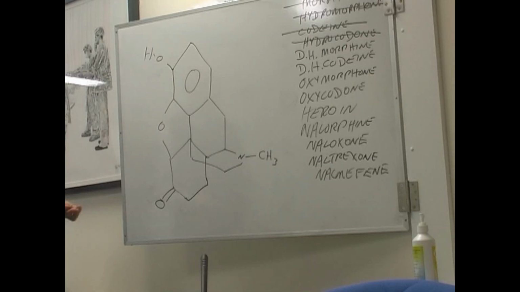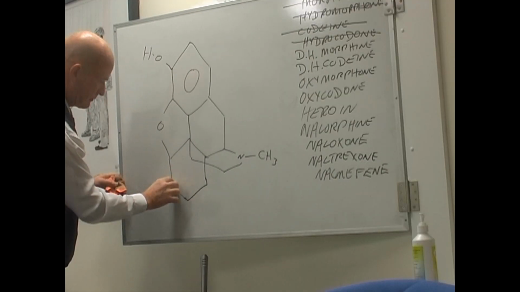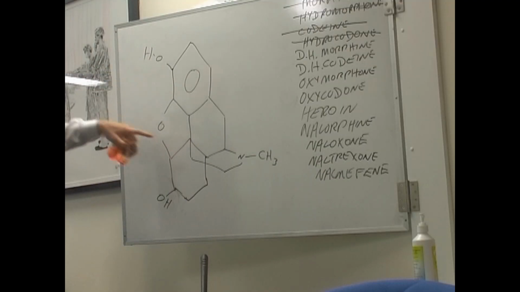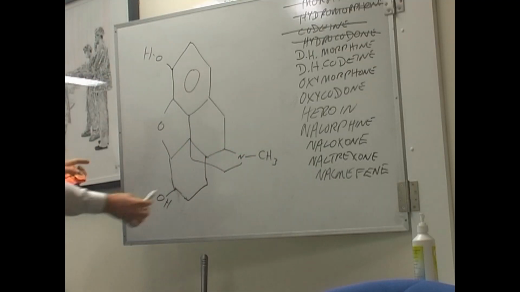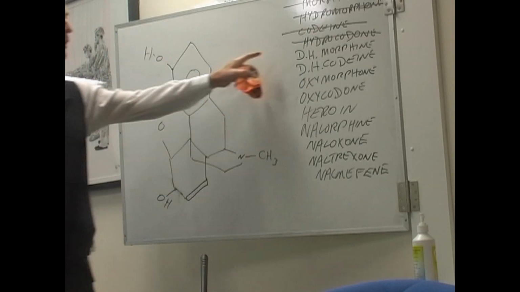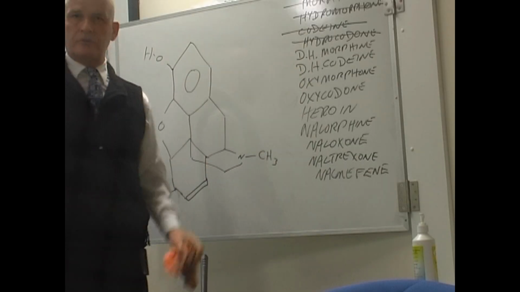Now, dihydromorphine and dihydrocodeine. Let's just restore this to morphine. So OH there, nothing there. So this is morphine with a double bond. Now dihydromorphine says that you've got a morphine molecule and you're adding 2 hydrogen ions to it.